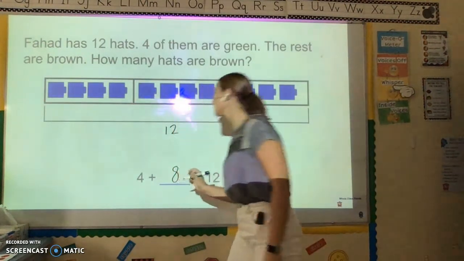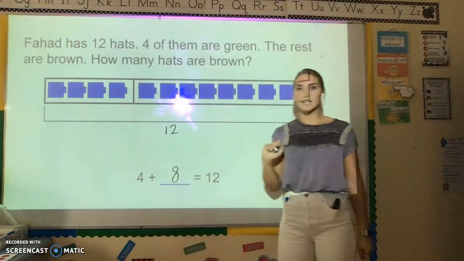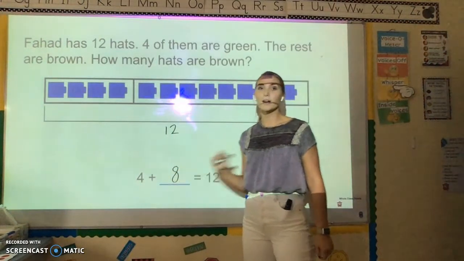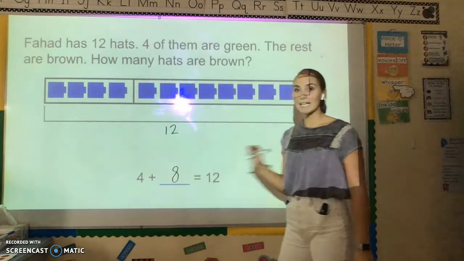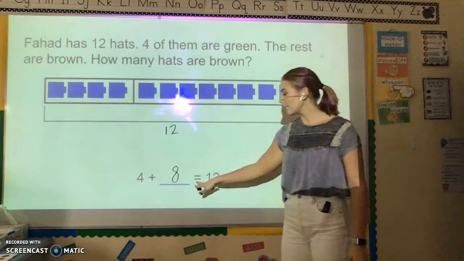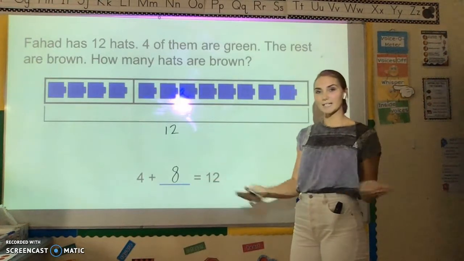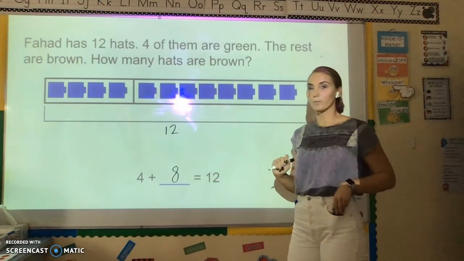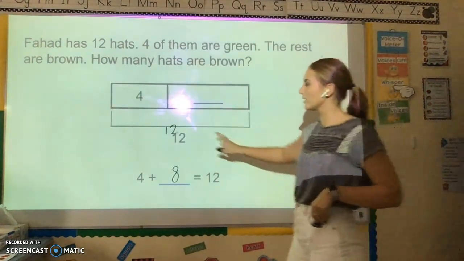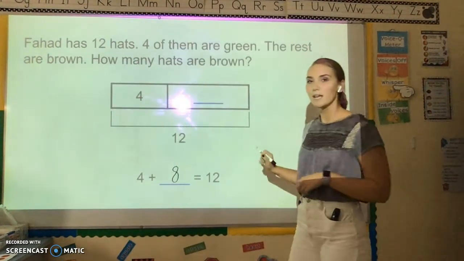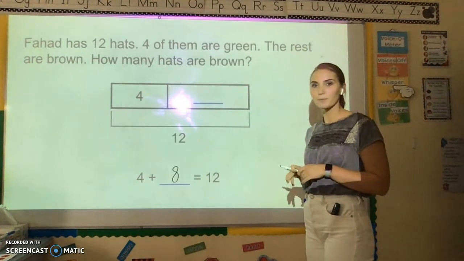So, boys and girls, 4 of Fahad's green hats plus 8 of his brown hats equals 12 hats in all. So, on your model, if we were just doing numbers, it would look like this.